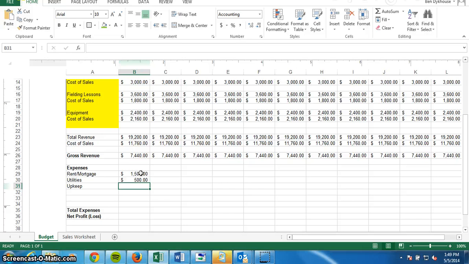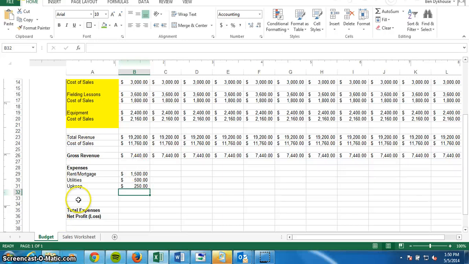To upkeep my warehouse space, in my utilities, there's a cleaning fee, so I'm paying a cleaner there, but still on my batting cages, knots get tied, and somebody's got to take those out. And my employees will do some of that, but I'm going to need to do repairs as well on my own equipment for upkeep. So I'm going to say upkeep of $250 per month. Okay? So there's my 3 different categories.